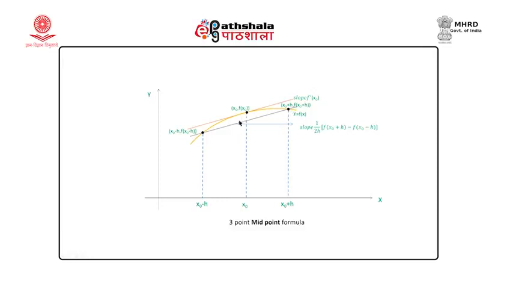If you take the difference of these two function values and divide by 2h, this is nothing but the slope of the line joining these two points. So, the midpoint formula is nothing but a straight line fit between the endpoints, and the derivative of this line is the estimate of the derivative of the function at the point x0.